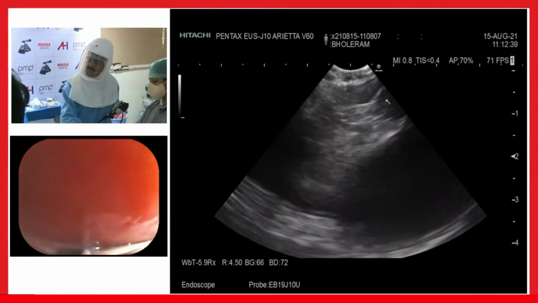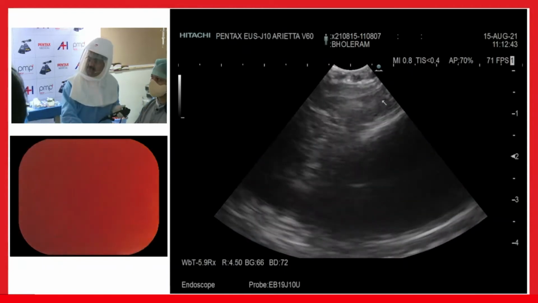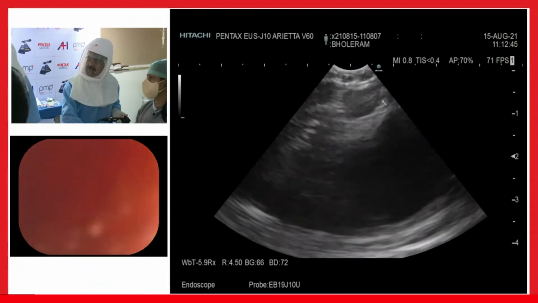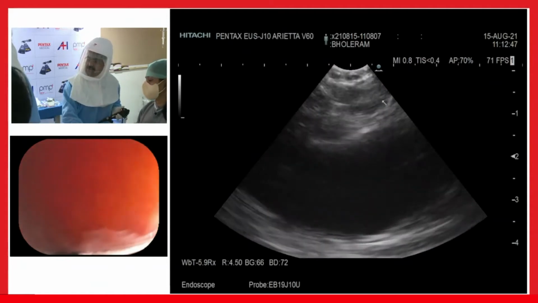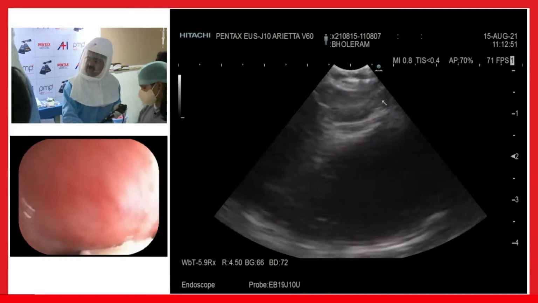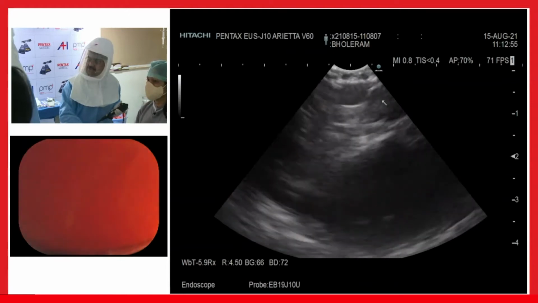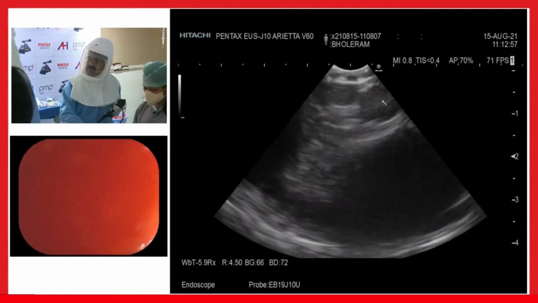These are very small lymph nodes. If you pull back, this is a small, approximately 1 centimeter. But it is not looking pathological. It's almost a sub-centimeter lymph node.